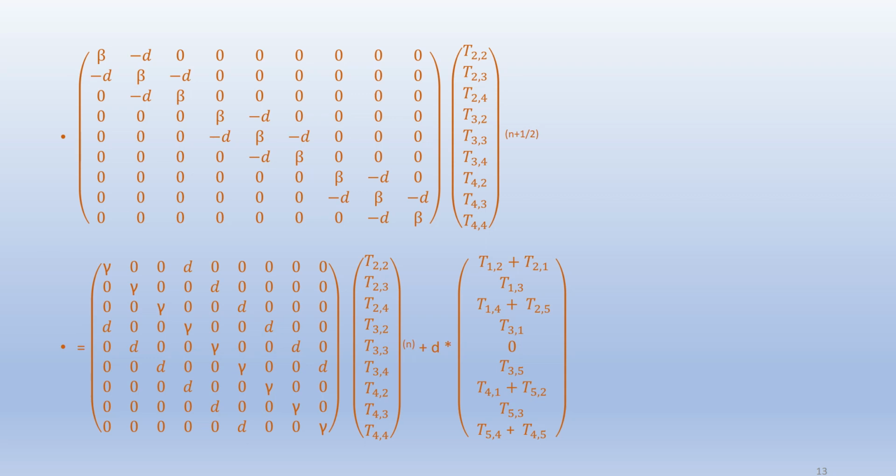Here the temperatures at the n plus half time step are the unknowns, and the temperatures at the nth time step, the previous time step, are known.